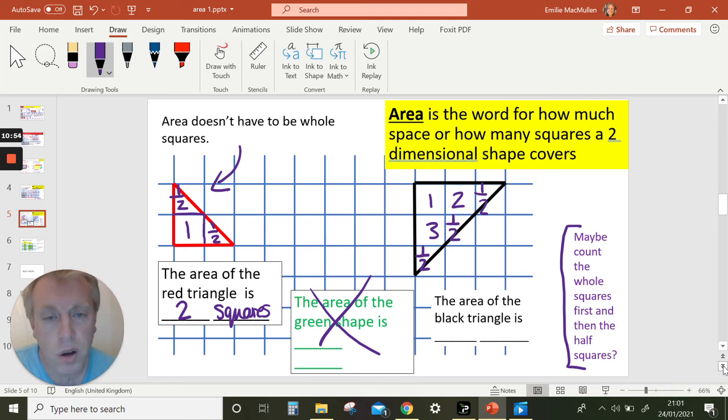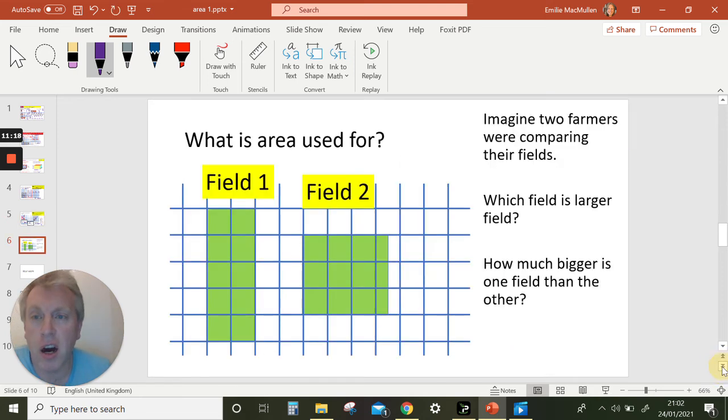All right, 1, 2, 3. These 2 make 4. 4 and a half squares. Right. So when it's a mixture of whole and half squares, I think it's a good idea to count up the whole squares and then see how many halves you've got.